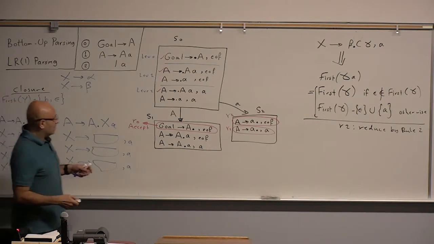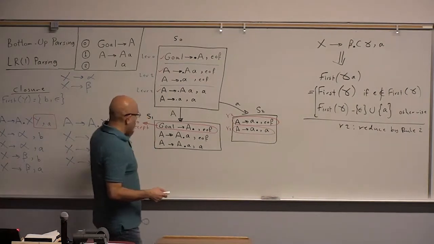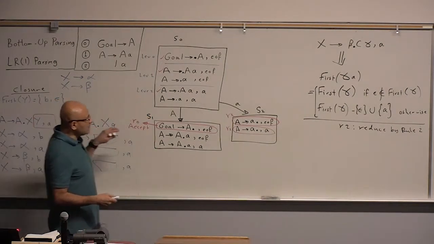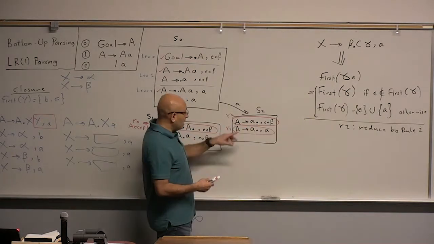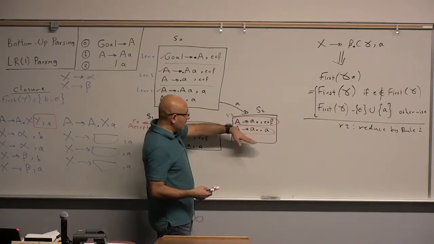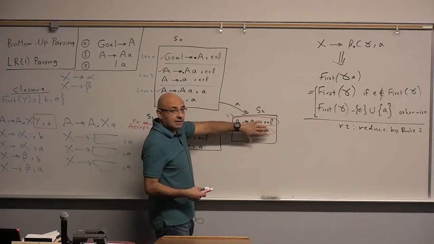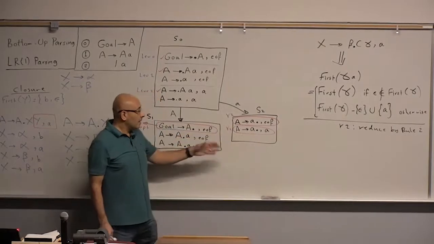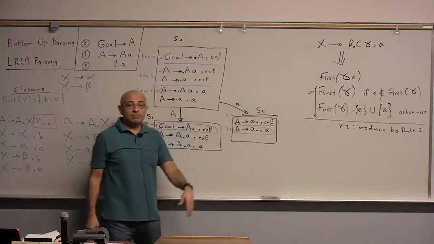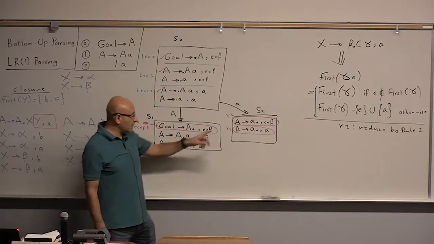Okay. So now, because the placeholder here reached the end in all productions, this is going to be a leaf state. Nothing can come after this, because the placeholder cannot go any further. It cannot go beyond this point.